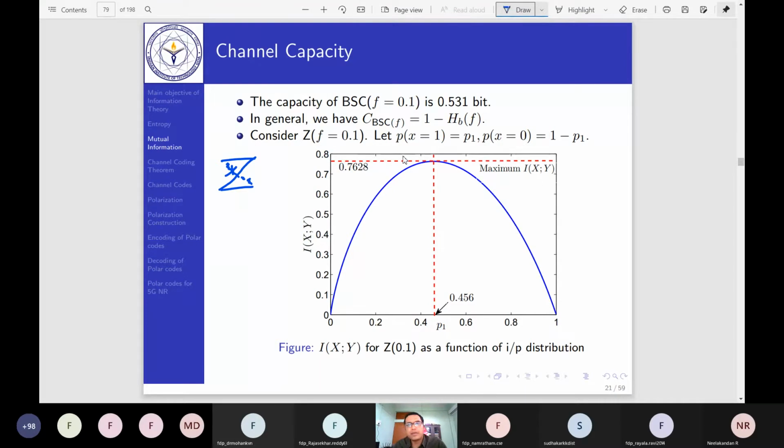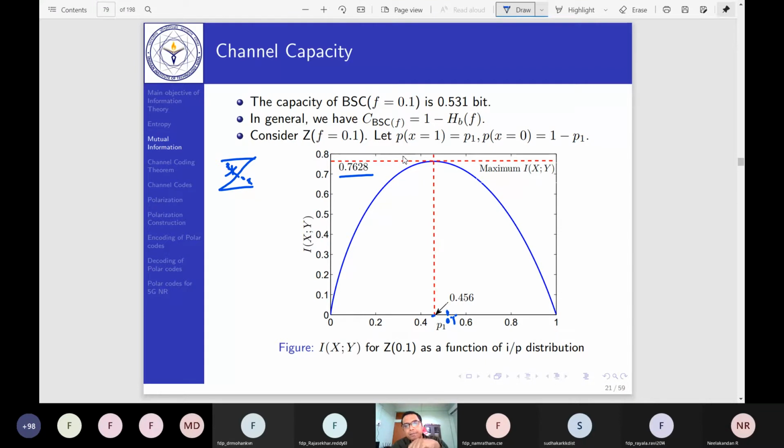The maximum value is 0.7628, and the maximum is obtained at P1 equal to 0.456. So what is P1? P1 is the probability that 1 is transmitted. P0 is the probability that 0 is transmitted. For the binary symmetric channel, P1 was equal to 0.5, and at 0.5 the maximum value of mutual information was obtained.